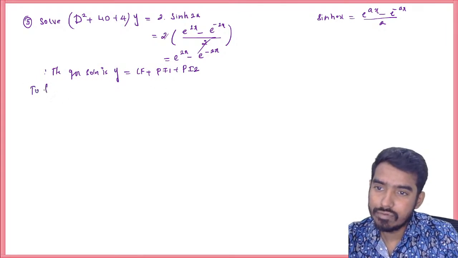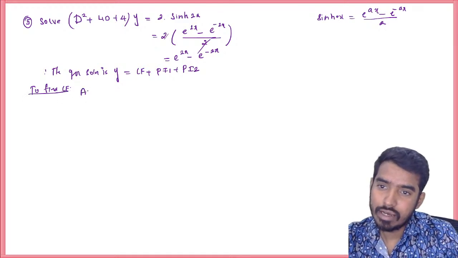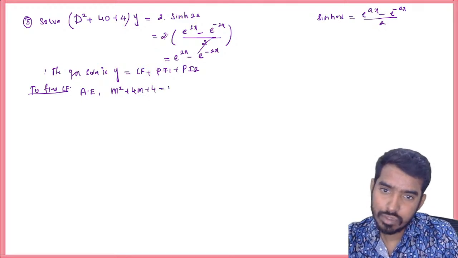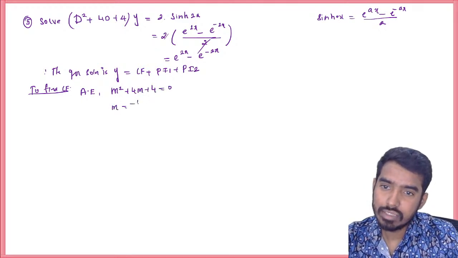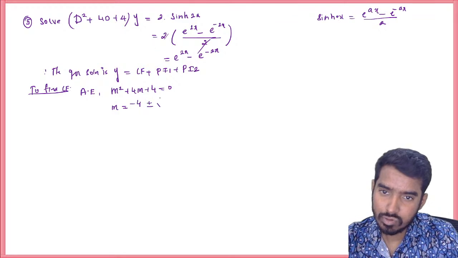So to find CF, what is the auxiliary equation? It is m square plus 4m plus 4 is equal to 0. Solve this: m is equal to minus b plus or minus root of b square minus 4ac, divided by 2a.